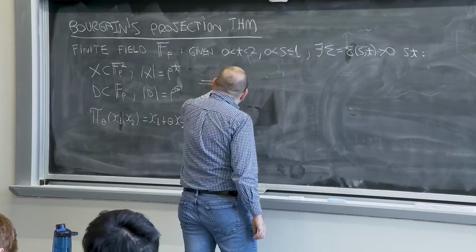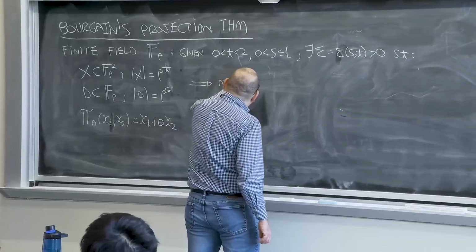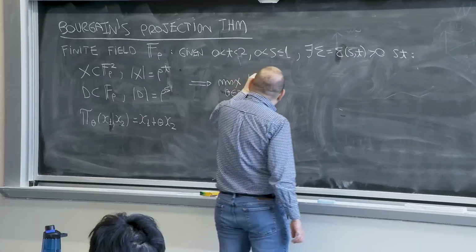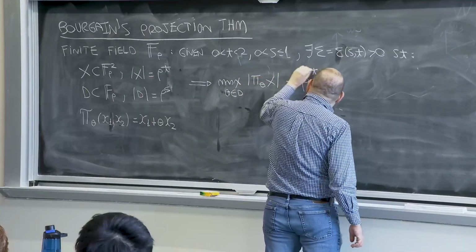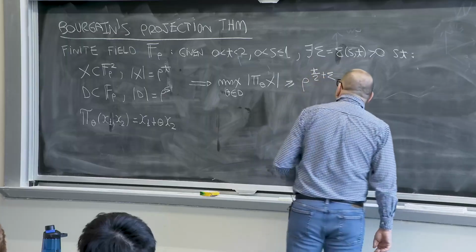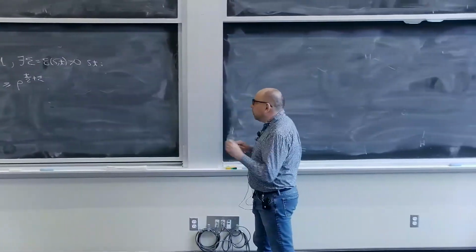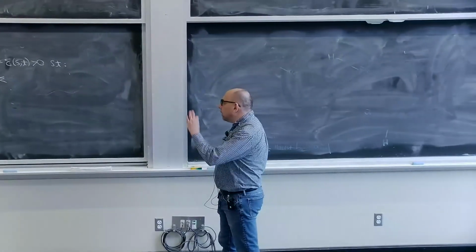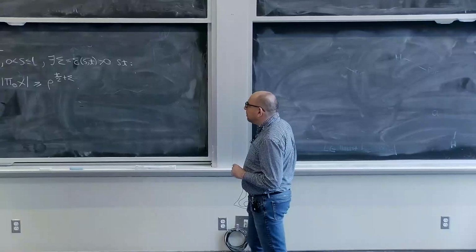Then the maximum over theta in D of the size of the projection of X is at least p to the t over 2 plus epsilon. So we gain an epsilon over t over 2. And p to the t over 2 is sort of the obvious lower bound. And I'm going to come back to this obvious lower bound in a minute.